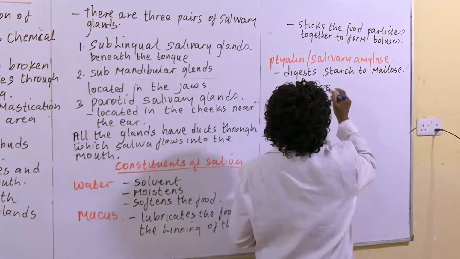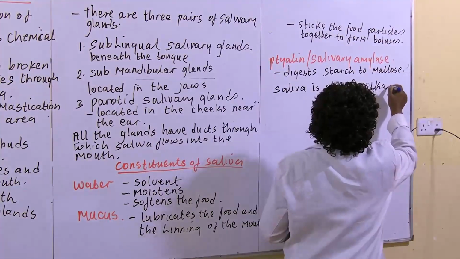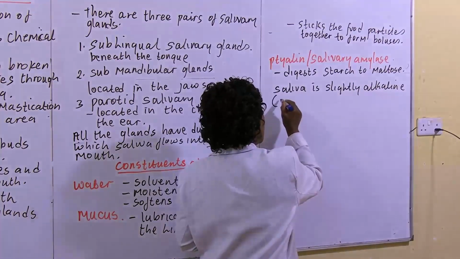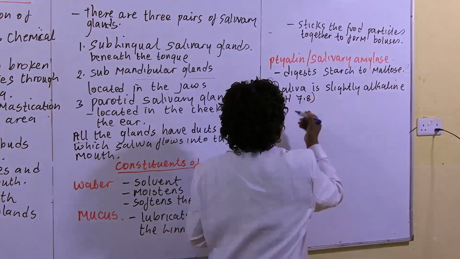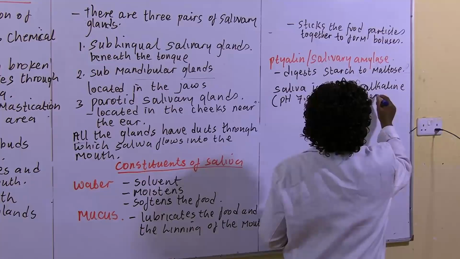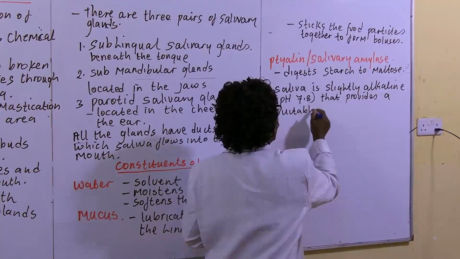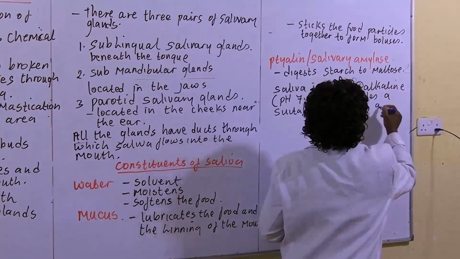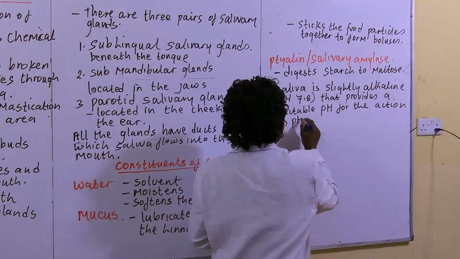It is not neutral, it is slightly alkaline. It has a pH of 7.8, and that provides a suitable pH for the action of thiolate.